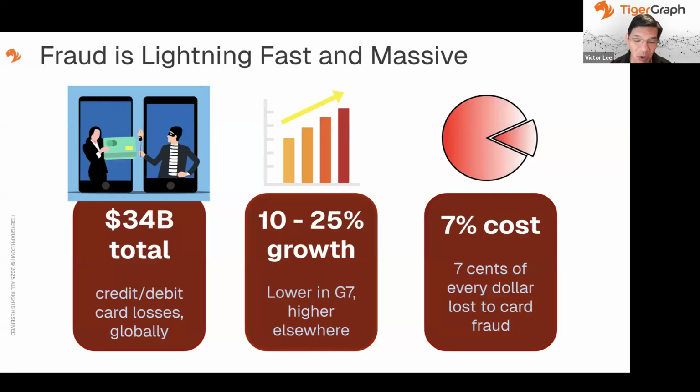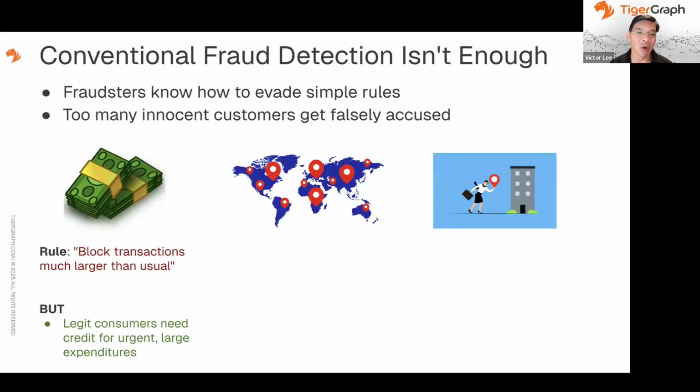There are administrative costs, investigation costs, opportunity costs, and some of those transactions may average larger than the average transaction. So it's a massive problem, and there's obviously a lot of desire for financial institutions, retailers and consumers to overcome this problem. So there's been work, obviously.